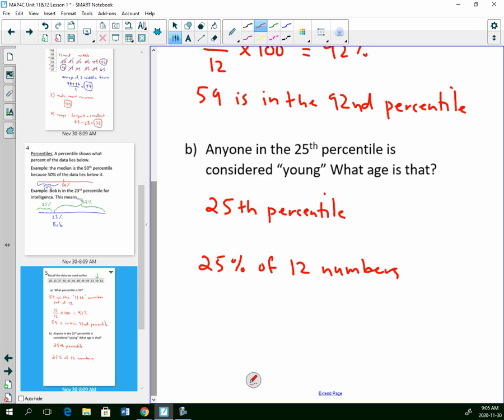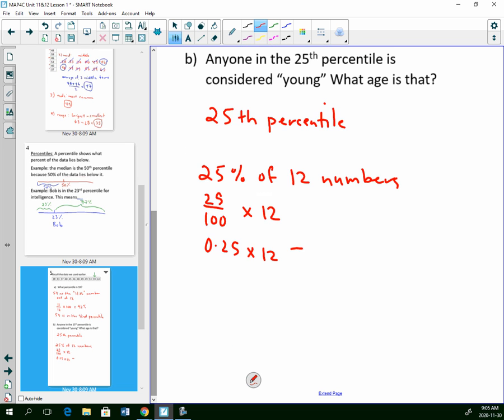Because that's how many numbers there are. So remember that 25% means 25 out of 100, or 0.25. 25% out of 12 numbers would be the third number. Okay, so the 25th percentile would be the third number in the 12 numbers.